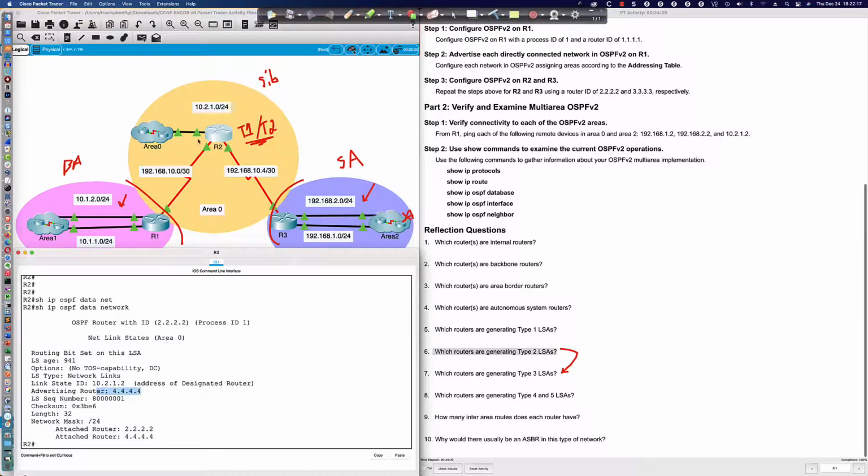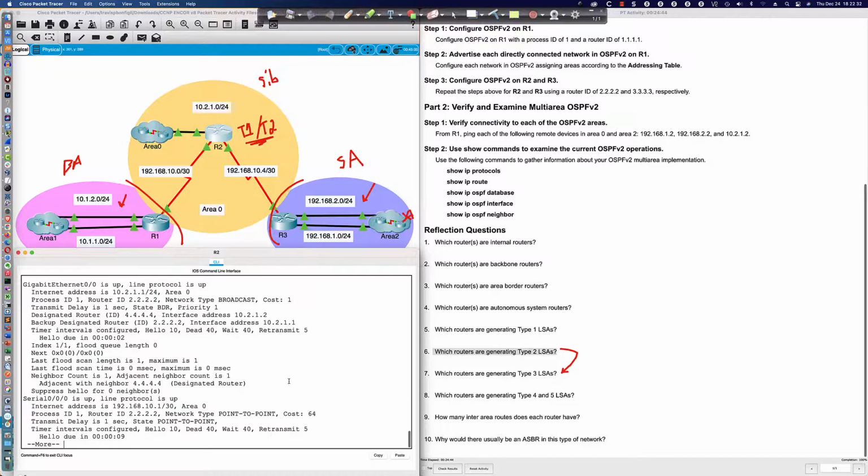And again, it makes sense, right? Because I think router 2 is the BDR, router 4 is the DR, and there it is, a broadcast network type, multi-access medium like Ethernet. Show ip ospf interface. And there's your gig 0/0 right there. And there's router 4, and it is the designated router.